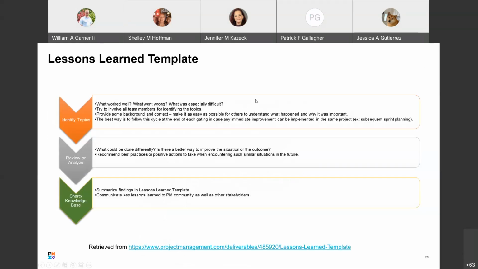And William, on the topic of the celebration, it is critical to make sure you keep your project team members motivated and inspired and engaged with the ongoing project, especially when you hit major milestones.